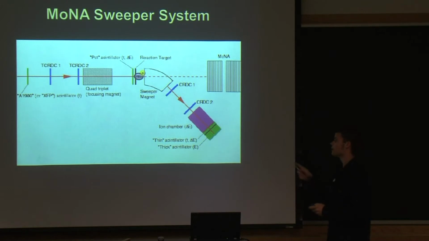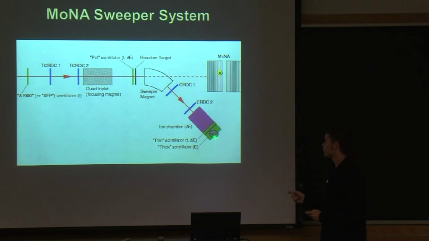Those immediately encounter the sweeper magnet here, which sweeps the charged beryllium-12 core towards these detectors down here. The neutron, meanwhile, could not care less that it's in a magnetic field and just keeps going straight ahead, and is captured by MONA, the modular neutron array, which is our neutron detector.